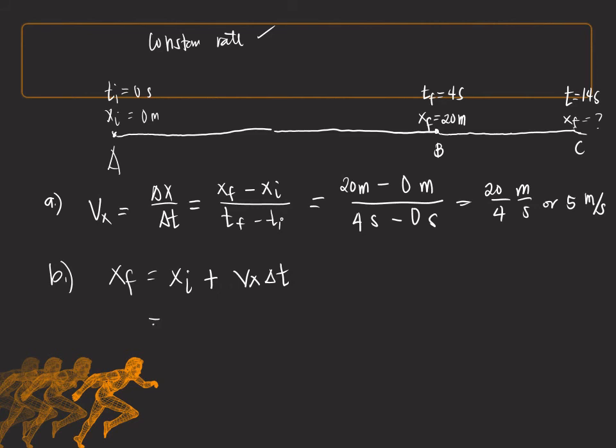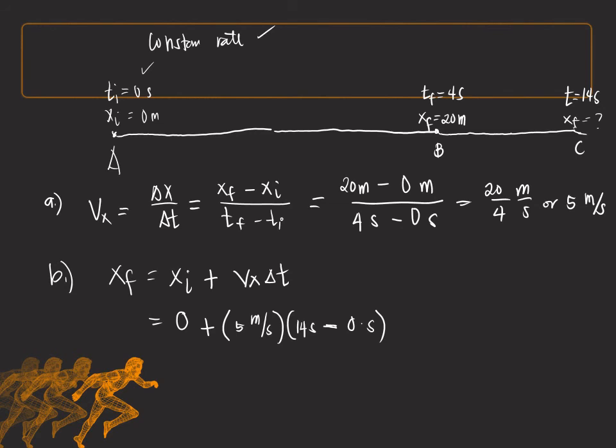Our initial position is 0 meters, so that is 0, plus our constant velocity as we determined from part A is 5 meters per second. So we multiply 5 meters per second to what is the time interval? That is 14 seconds minus the initial time, which is 0 seconds.